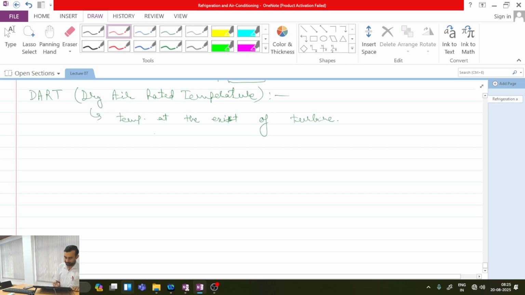Okay, so now if you compare, let me plot DART along this side in degree Celsius. Let me consider, say this is 0 degree Celsius, this is minus 20 degree Celsius, say minus 40, 20 degree Celsius, 40 degree Celsius, 60 degree Celsius likewise.